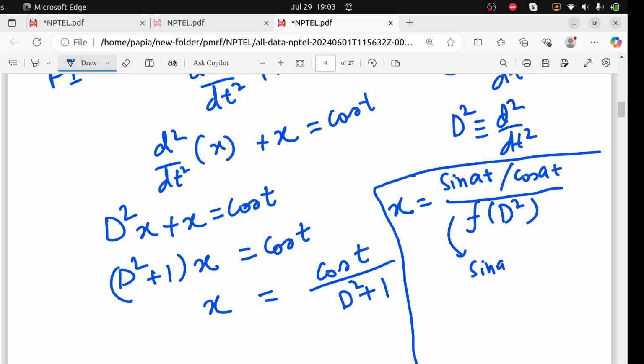So it will be sin at or cos at divided by f of minus a square. D square will be replaced by minus a square.